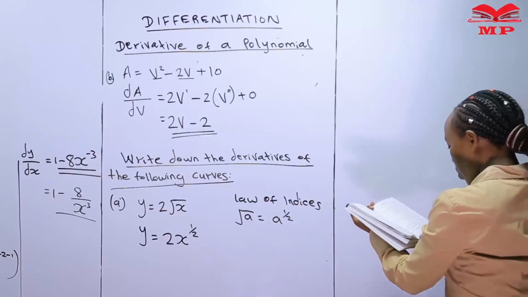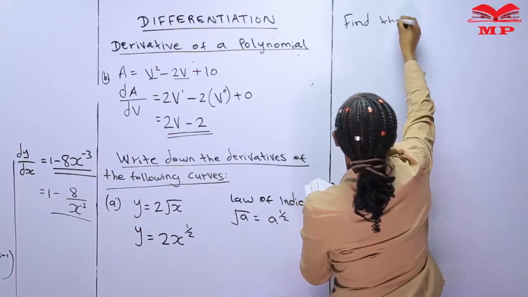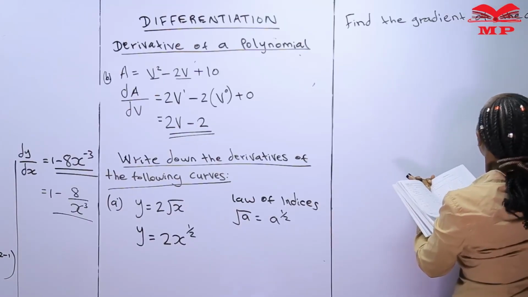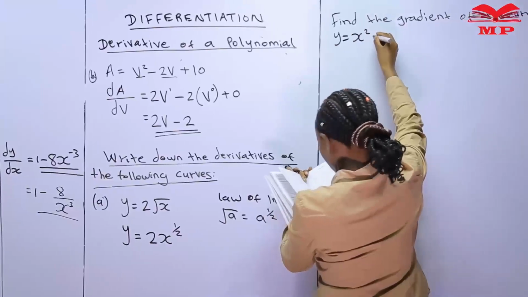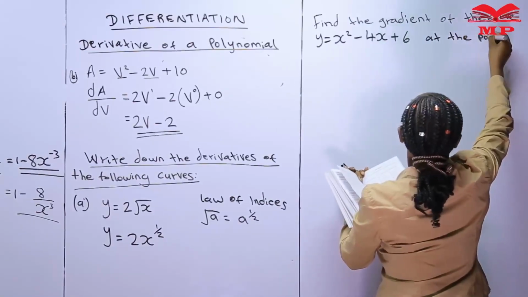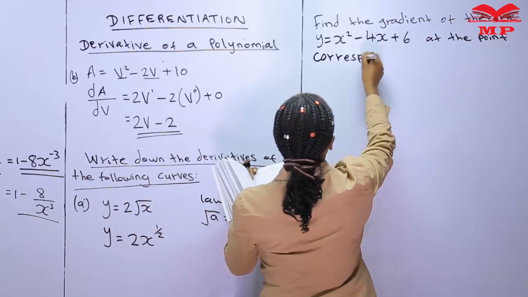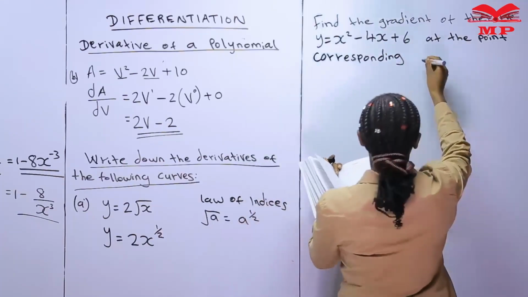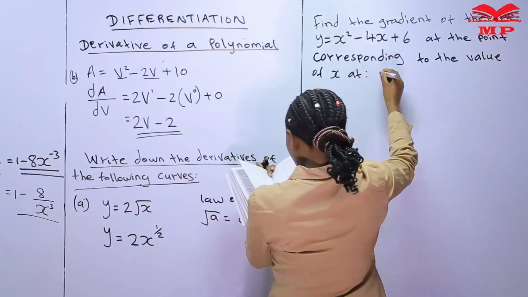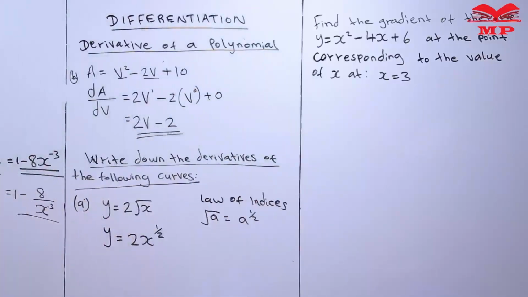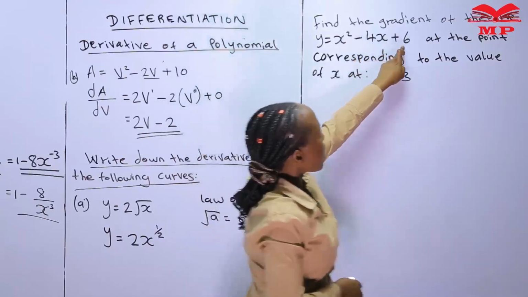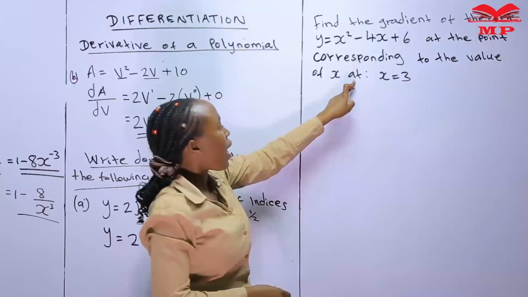Like in this question here, we have been told to find the gradient of the curve y is equal to x squared minus 4x plus 6 at the point corresponding to the value of x at x is equal to 3. That's a very good question.